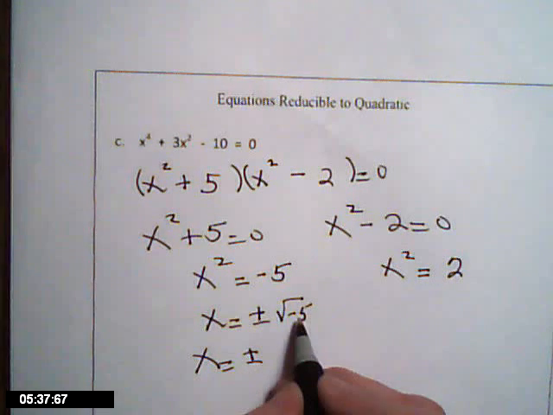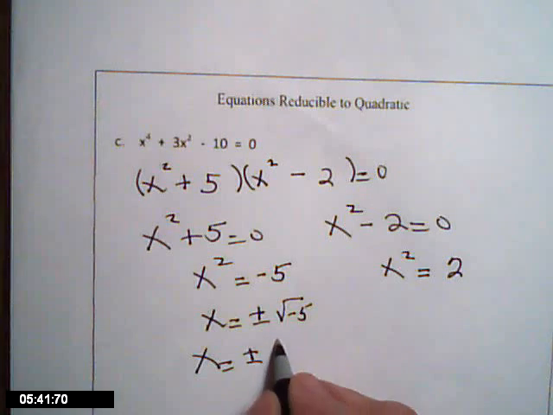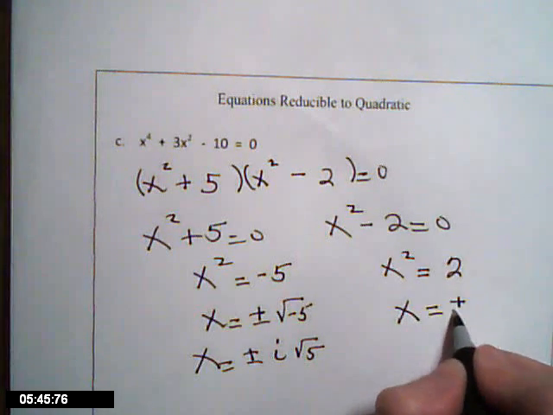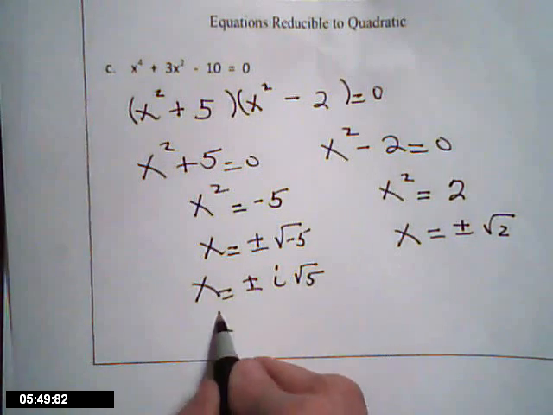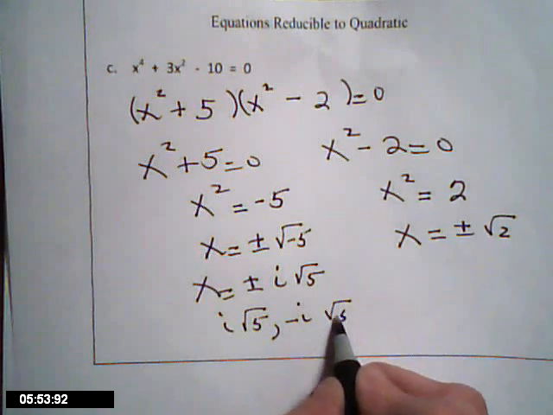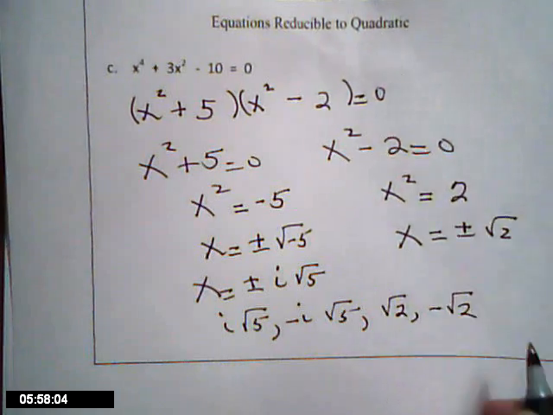Now remember, we're going to take this negative underneath the square root, and that's going to be i. And here take the square root of both sides. So my answers are going to be i square root of 5, negative i square root of 5, square root of 2, and negative square root of 2.